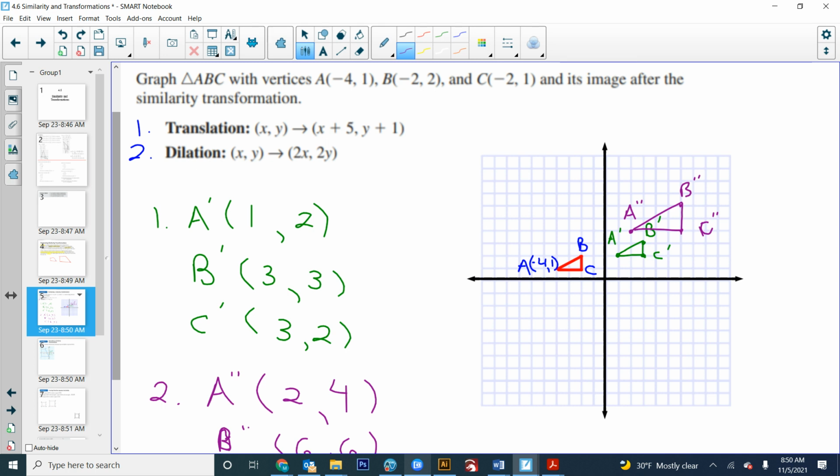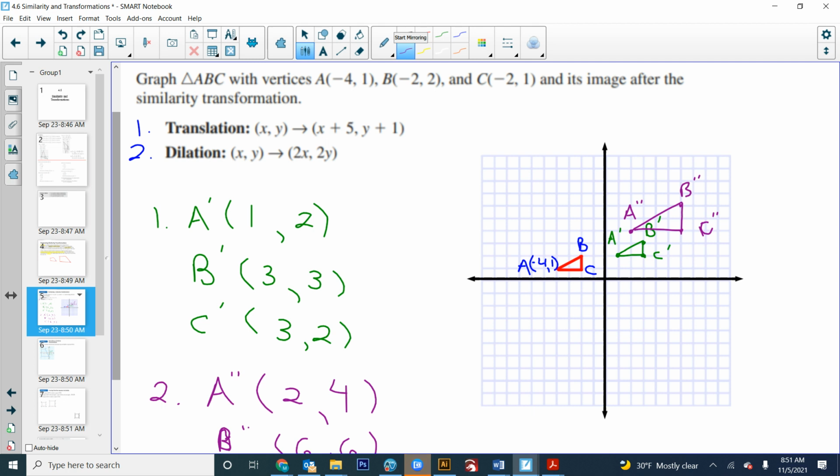I was expecting you to graph all 3, but the directions said graph the image after the composition. Some people just graphed the original and the final one, and based on those directions, I did not mark off for that. But I would be careful. I would definitely graph the translation next and then dilate it. I would graph both.